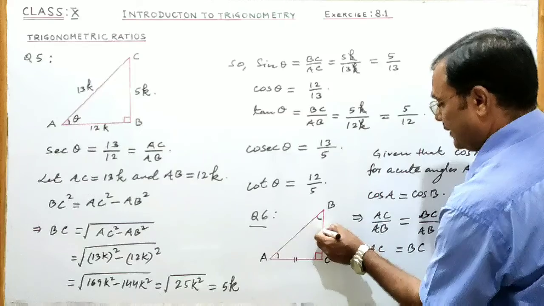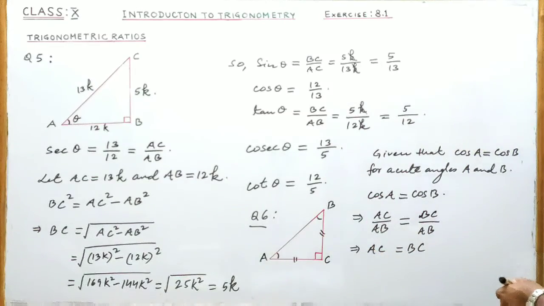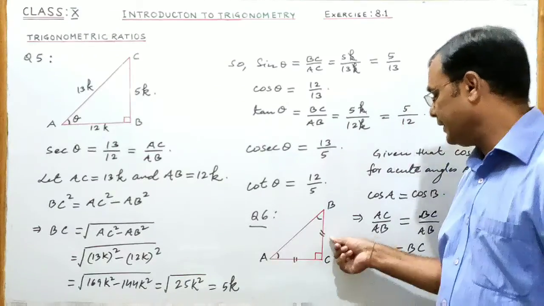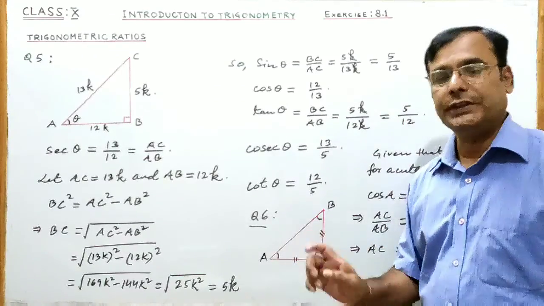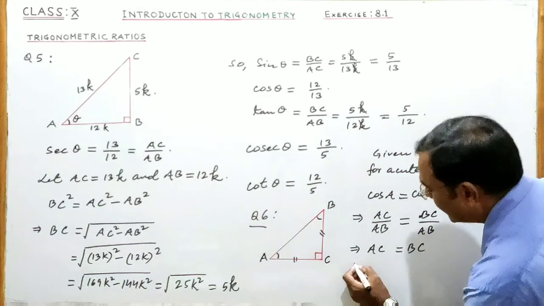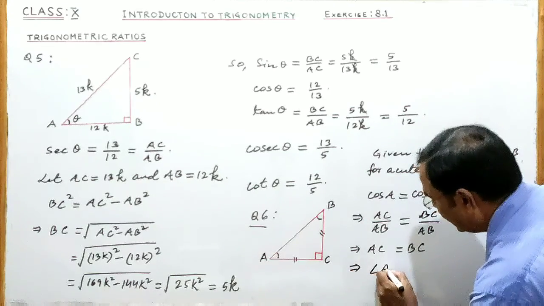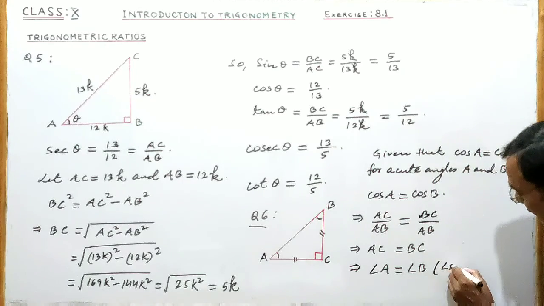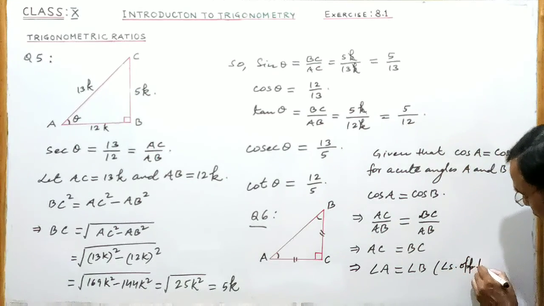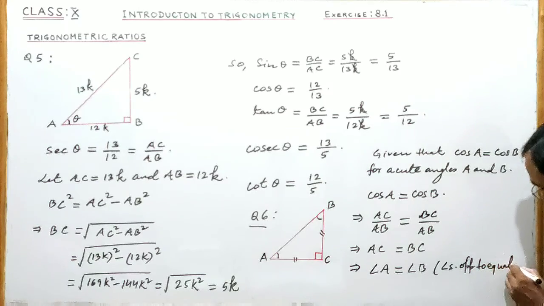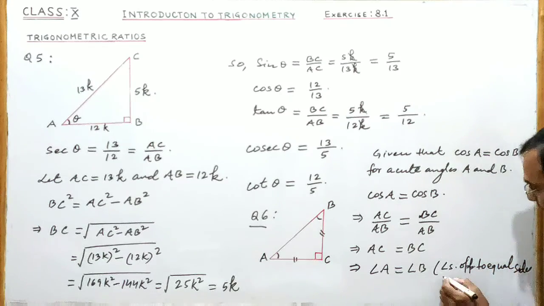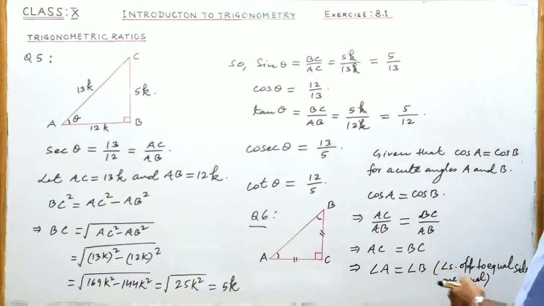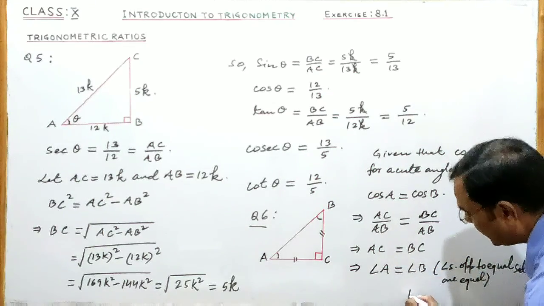This side AC is equal to side BC of triangle ABC. So in a triangle, when two sides are equal, then their opposite angles are also equal, and this implies that angle A is equal to angle B. Angles opposite to equal sides are equal, and this way angle A is equal to angle B. Hence proved.